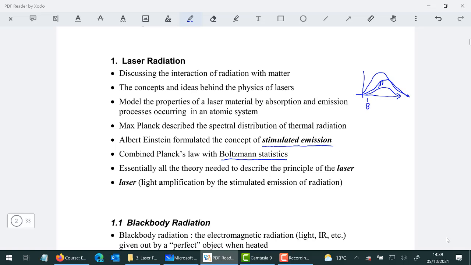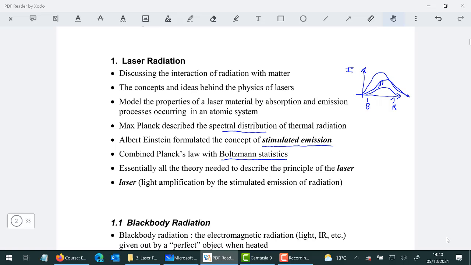This is the blue end, and that's the red end. Okay, so that was fairly well understood, the shape of that curve as a function of wavelength, as a dispersed spectrum.